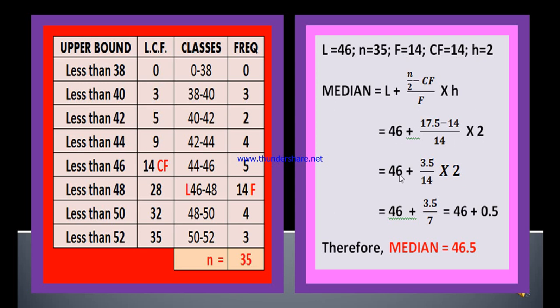This is 46 plus 17.5 minus 14, which is 3.5, by 14 into 2. 2 in 14, 7 times. 3.5 divided by 7 is 0.5. So 46 plus 0.5. If we add 0.5 to 46, the median of the data is 46.5.